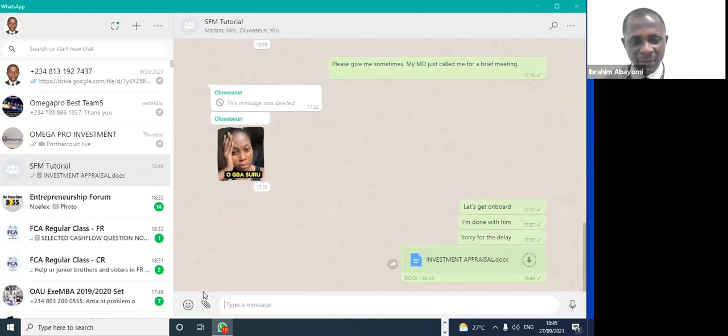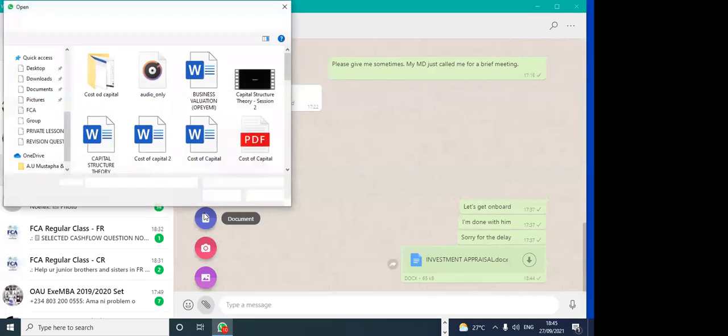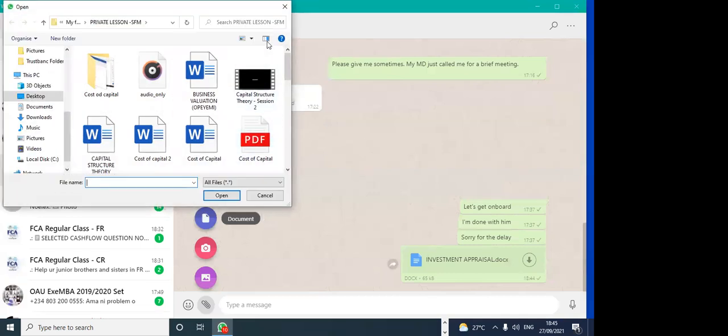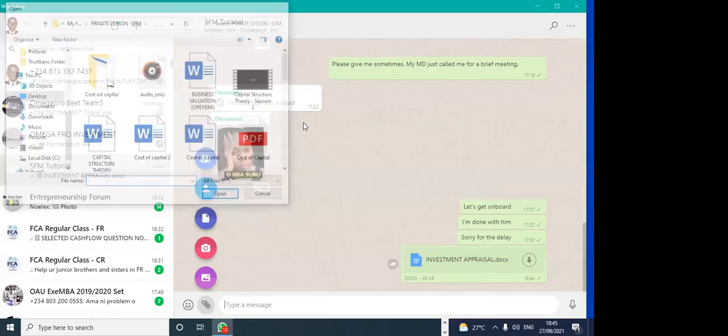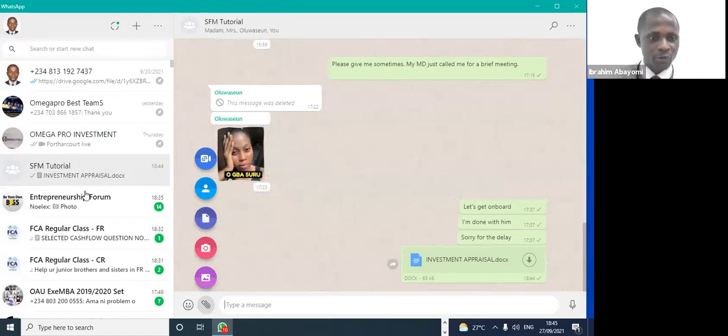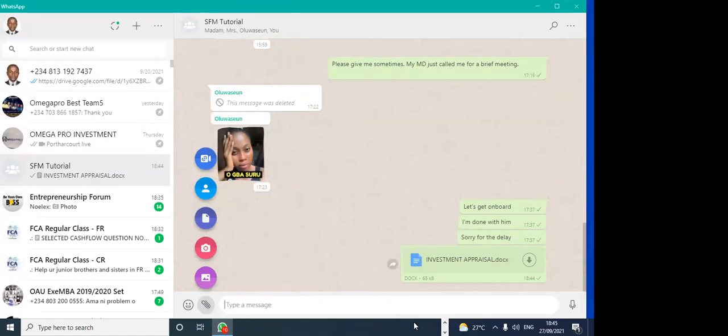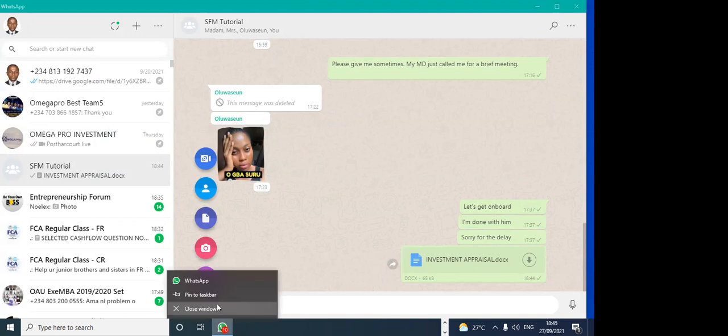The international investment, is it part of it, or do you have it as a separate document? It should be part of it, sir. Okay, in case, let me know. I'll forward it. Okay, sir, thank you, sir. Welcome.